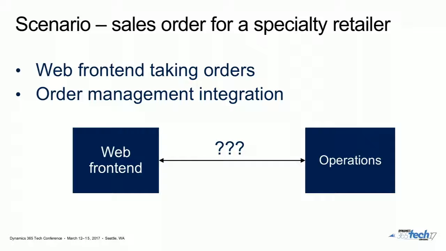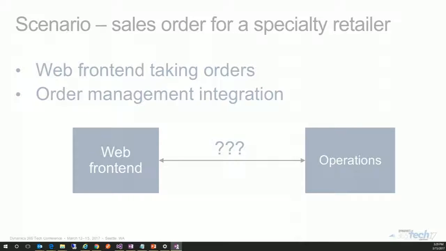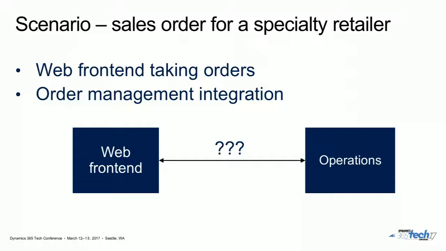The second scenario we had here is around a specialty retailer. This particular customer only sells to friends and family, and they call them sales champions. Sales champions are responsible for further selling it down the stream.